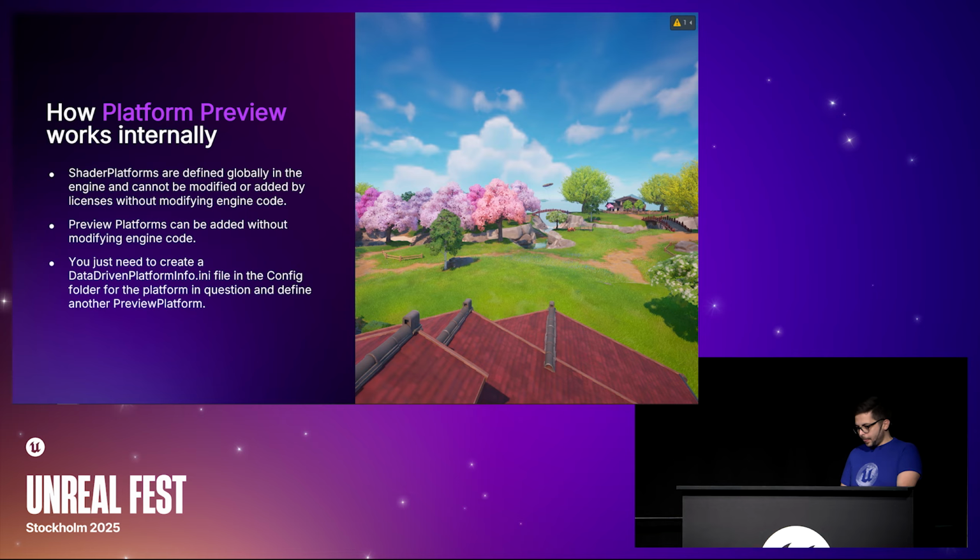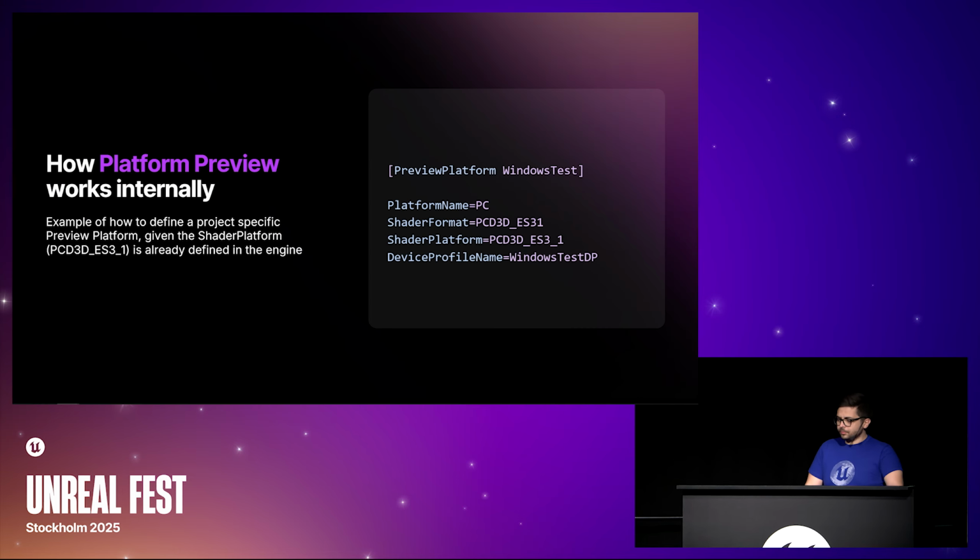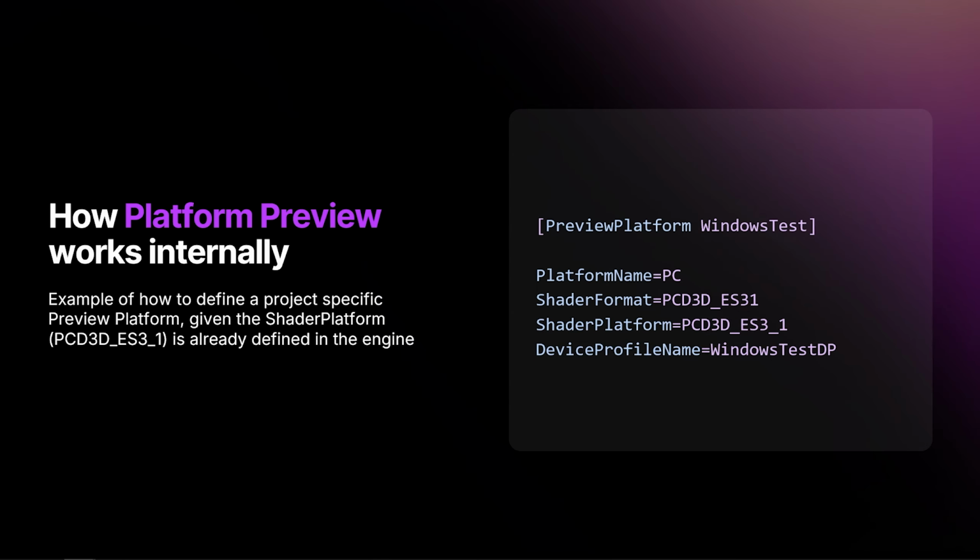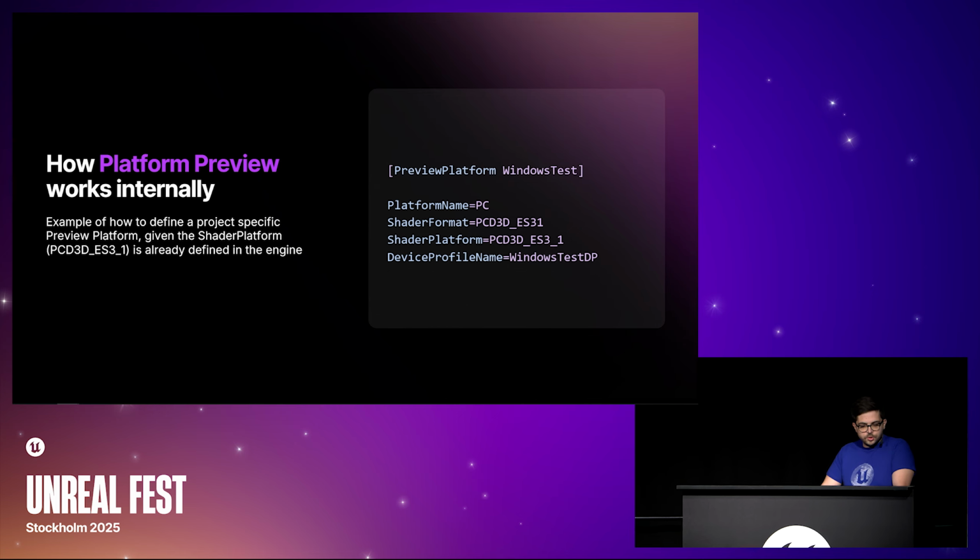As an example, let's say we want to define a new preview platform for Windows D3D ES31 because we want to use a different device profile. Let's say we want different scalability groups, different features than the default one. You just create a new data-driven platform info file, like I mentioned, and then you just set the platform name, which is PC, shader format, and shader platform, which are all defined in the engine.